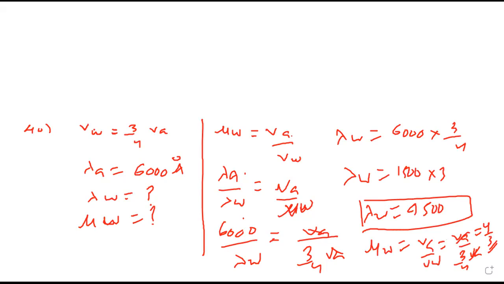This option is there. So option D. 1.33 is actually nothing but 4/3 only. So option D. These all are very basic sums, only based on formula, no much twisting.